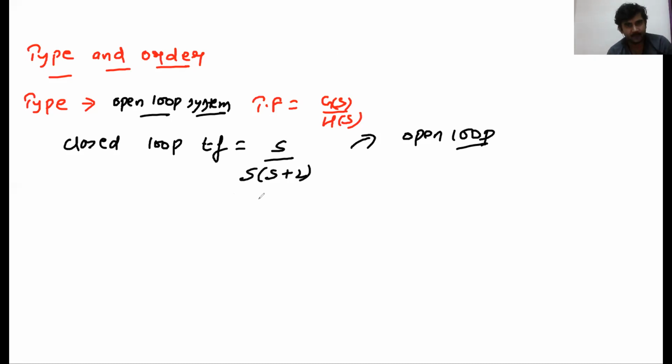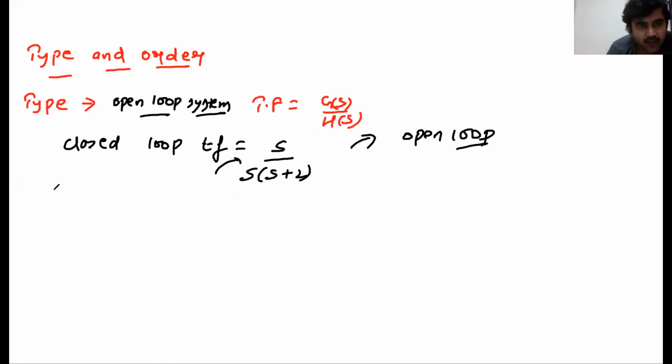We have to take a specific example. You can convert that into open loop. So what is the definition of type?